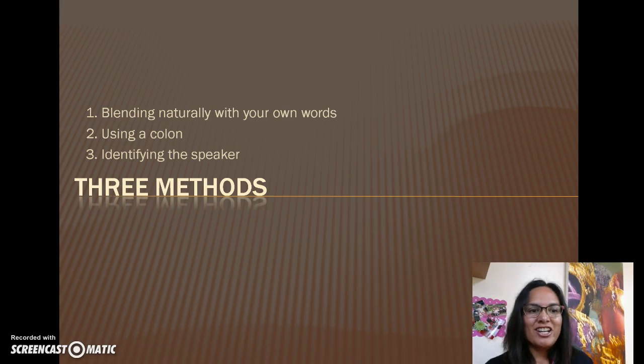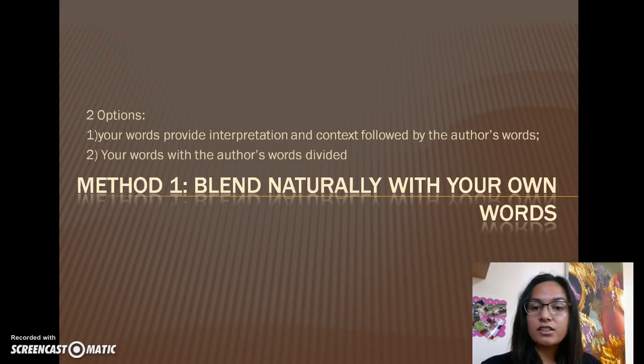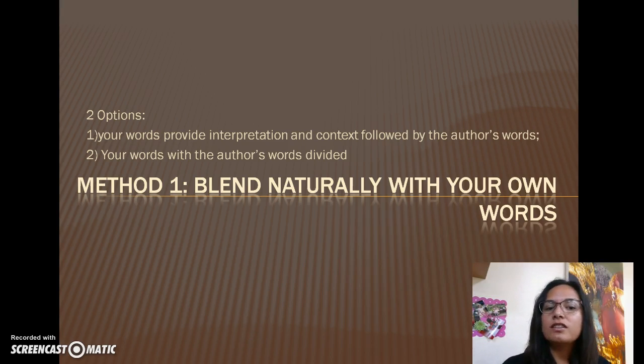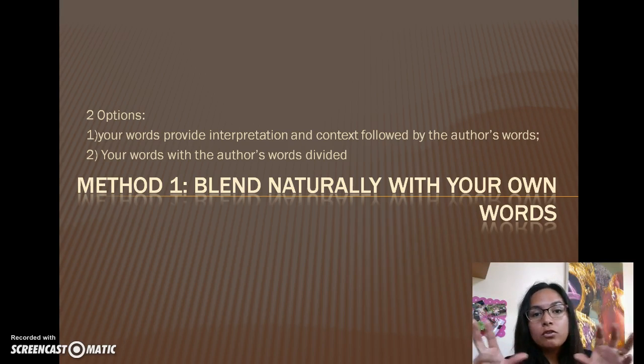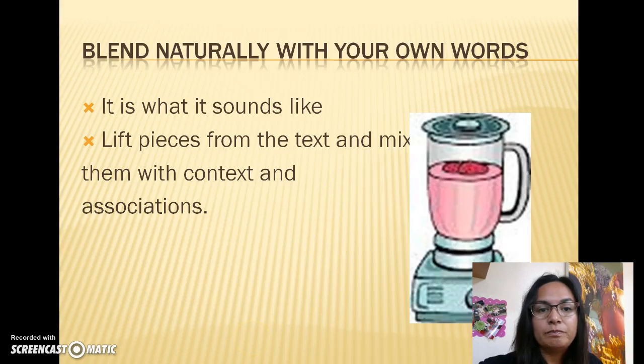Sorry about that glitch. Okay, now we'll look at number 1. It's blend naturally with your own words, and there are 2 options for this. So the first is your words provide interpretation and context followed by the author's words. You would use this more like with literary analysis, when it is more important for you to wrap your voice around the text. 2 is your words with the author's words divided, and that's a possibility as well.